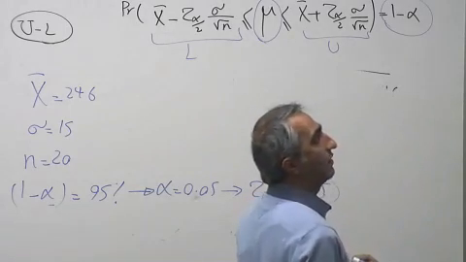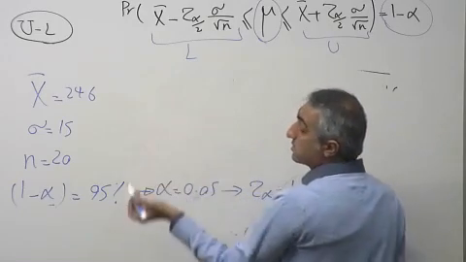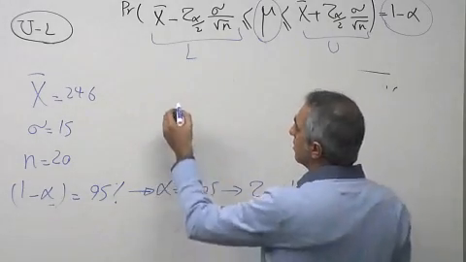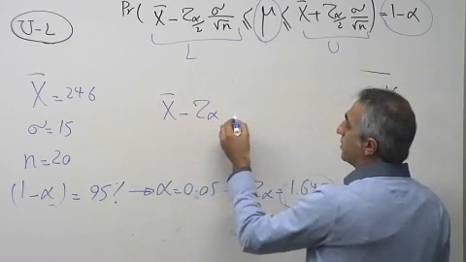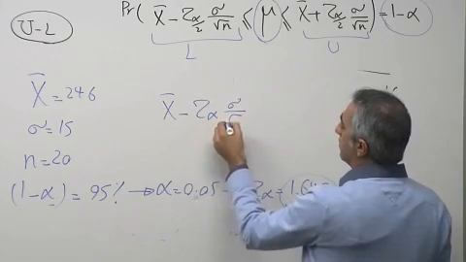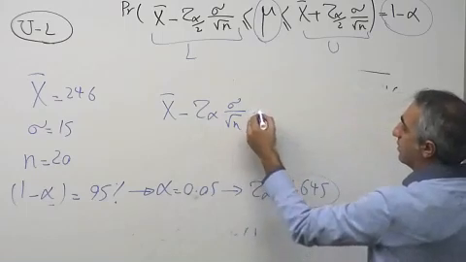We want to have a lower confidence bound, because this is strength, that makes sense. So the lower confidence bound is this guy, similar to this, just replace alpha over 2 with alpha.